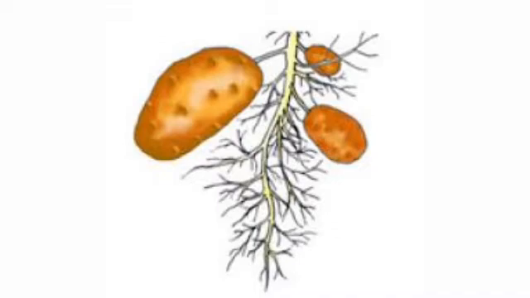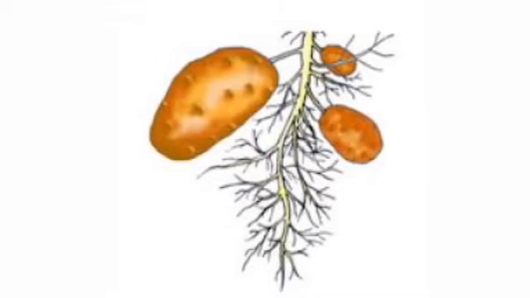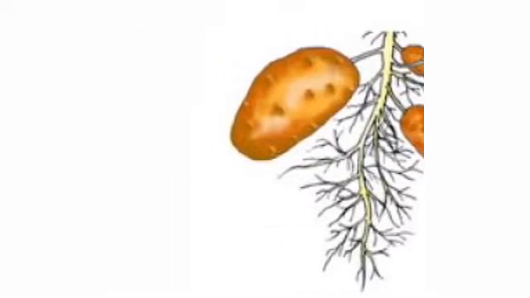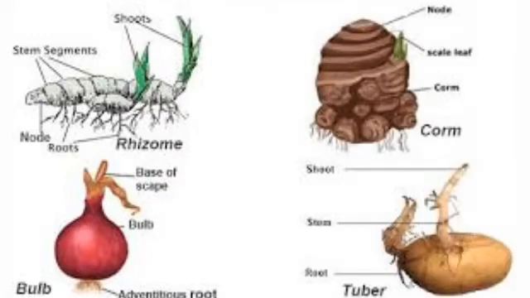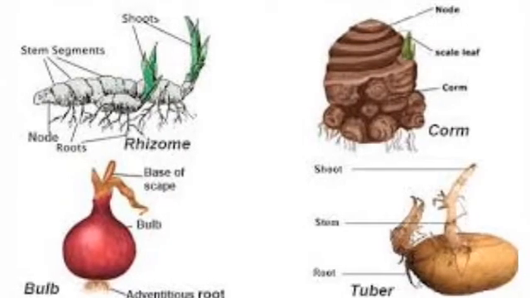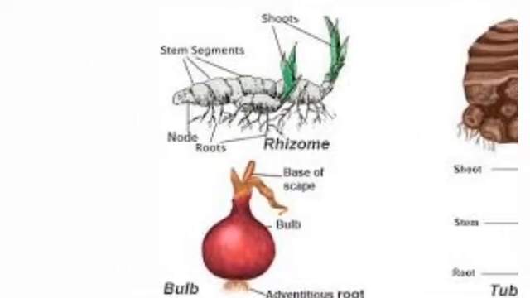They store food material and become fleshy and bulky. They act as organs of vegetative propagation. Underground modifications are of four types. They are rhizome, corm, tuber, and bulb.